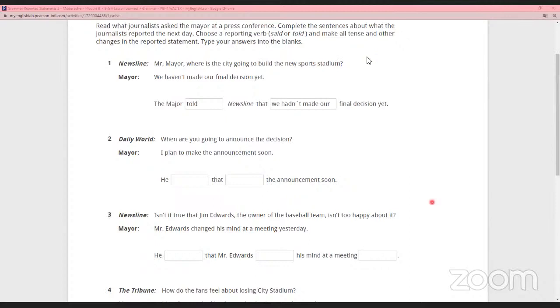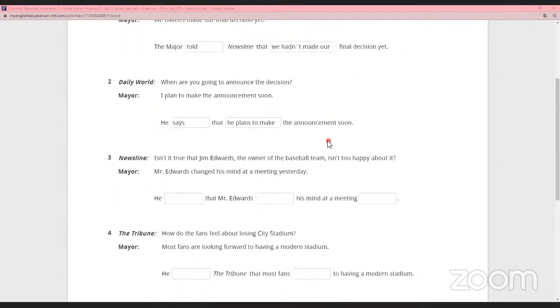It says, okay. So it's that with plans. Okay, I'm not sure about number 2, but let's see at the end.